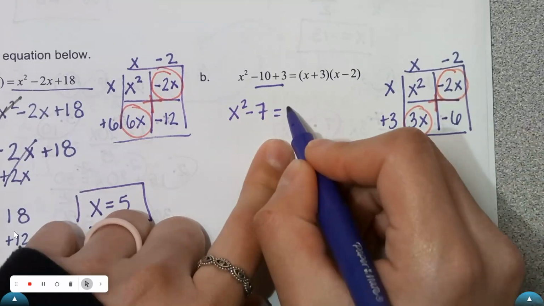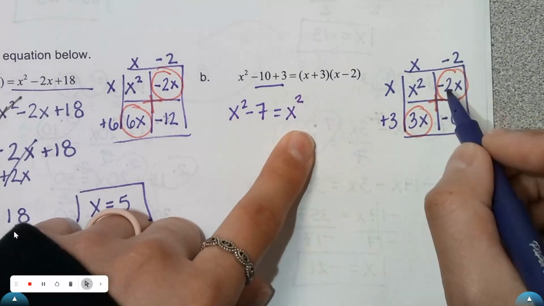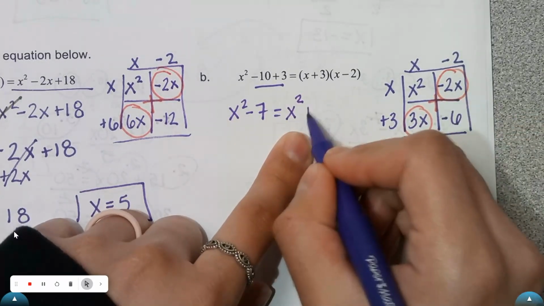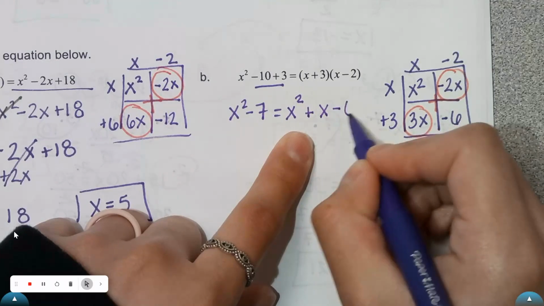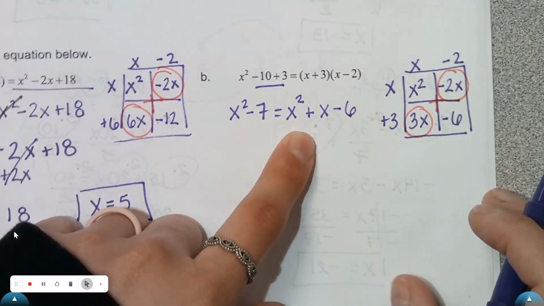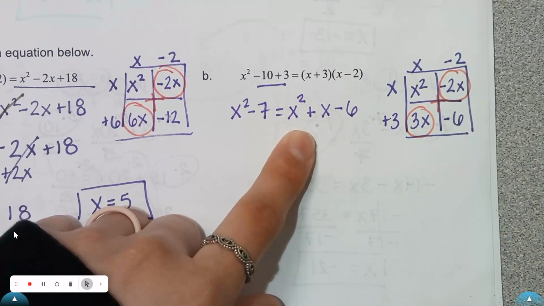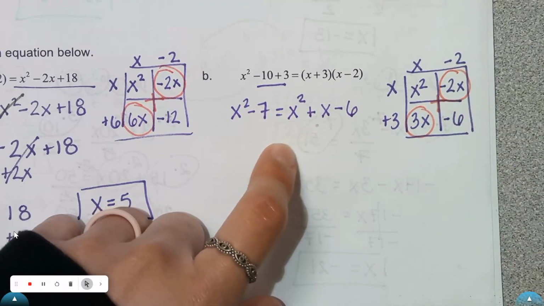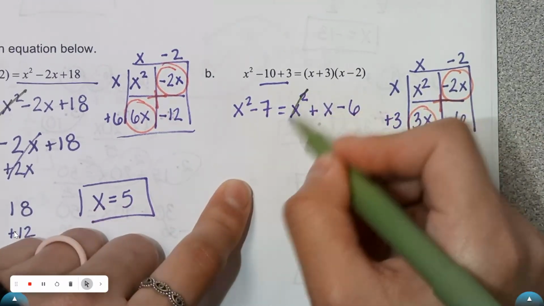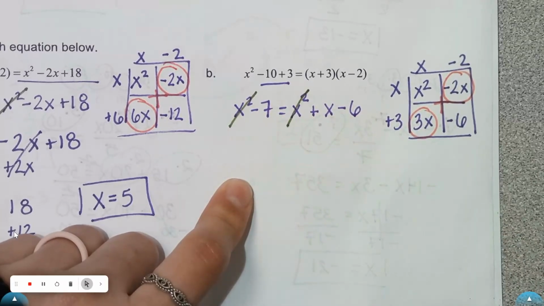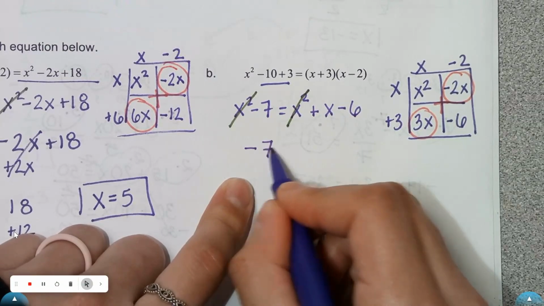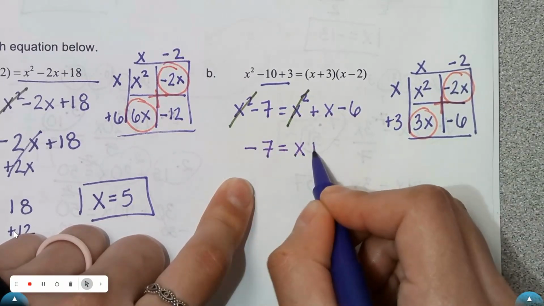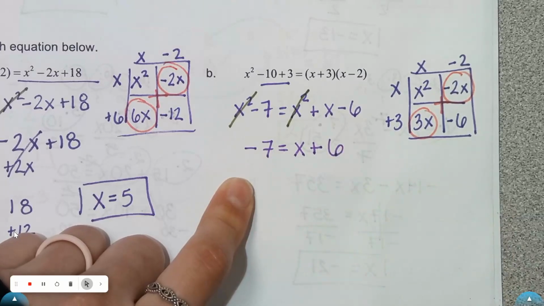So here I have x squared, negative 2x plus 3x is just positive x, and then I have the minus 6. You'll notice that your squared terms, like my x squared terms, will always cancel, so these cancel each other out. So I'm left with negative 7 equals x plus 6.